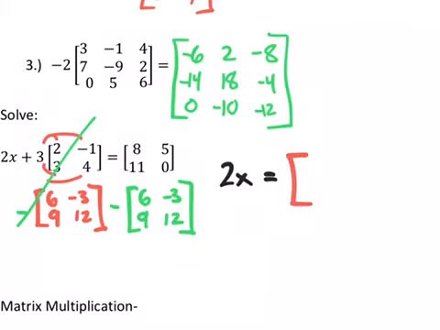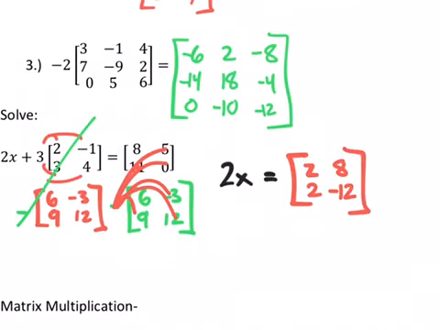Now we'll have to be careful here, looking out for double negatives and things like that, but I'll do an 8 minus a 6 to get a 2. I'll get a 5 minus a 6. 5 minus a -3. So we're going to be adding on 3 there to get an 8. And then we've got the 11 minus a 9 to get a 2. And a 0 minus a 12 to get us a -12.